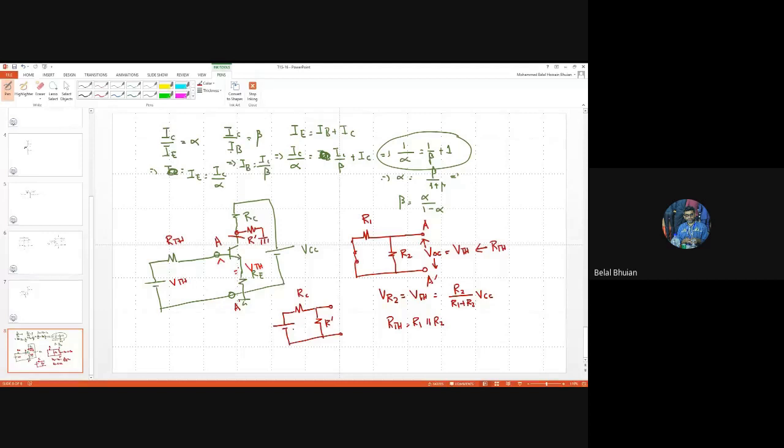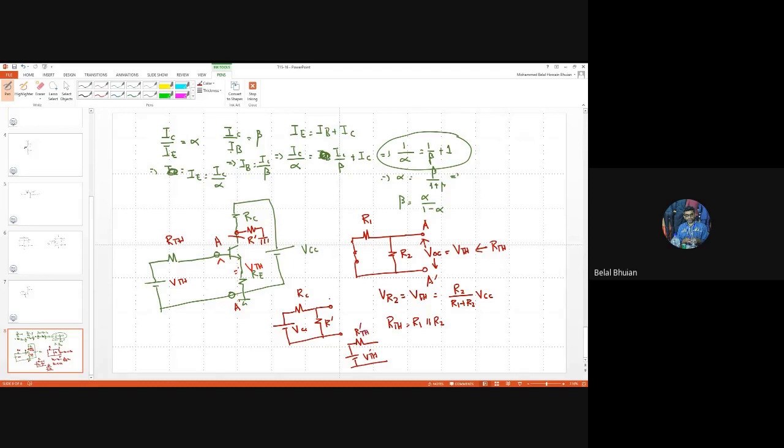Same as before. So this is our VCC, and we can replace it with a DC voltage source and a resistor in series, VTH prime and RTH prime.